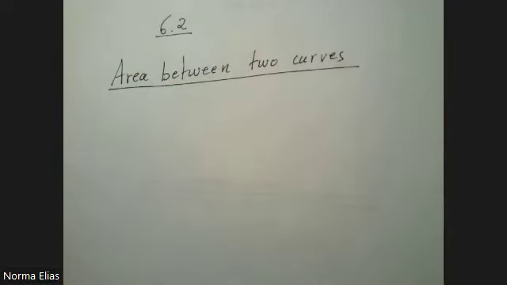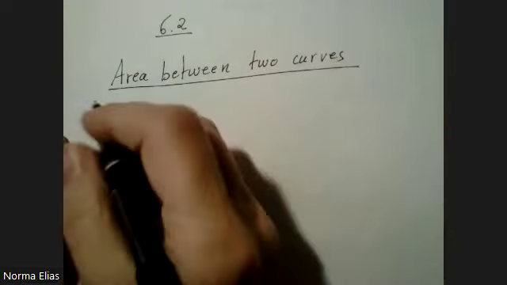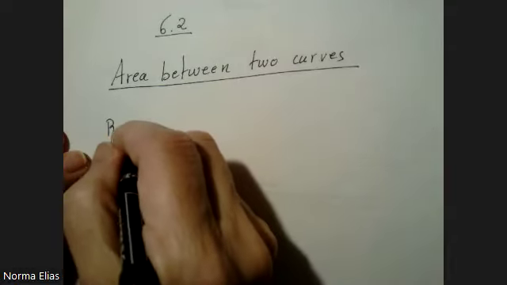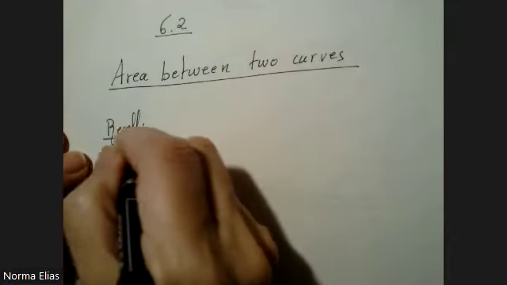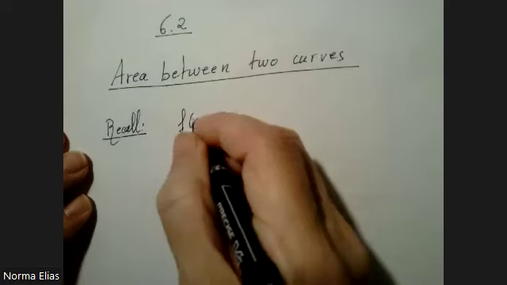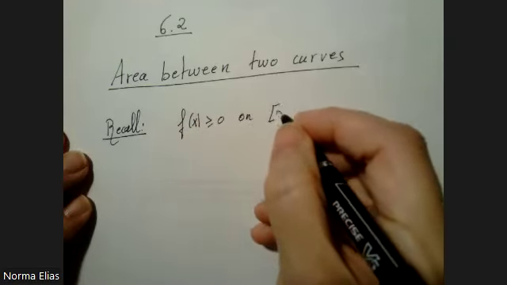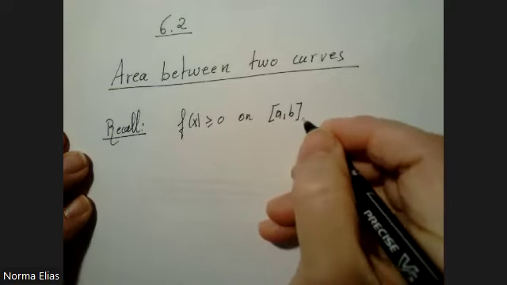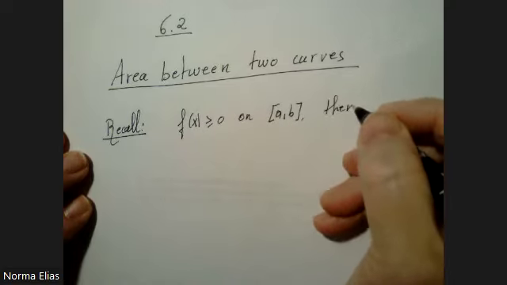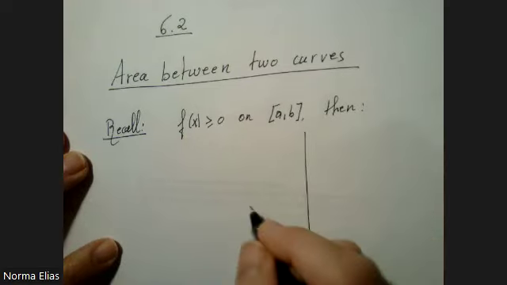So let us recall exactly what we have. Recall what we know so far about area. So let us recall that if a function is positive on an interval [a, b], positive is absolutely important, then, so this is my function.